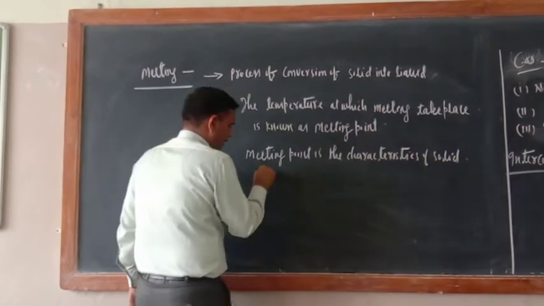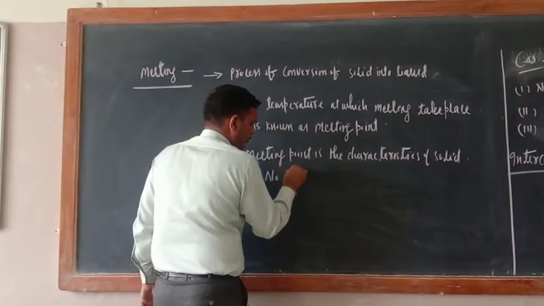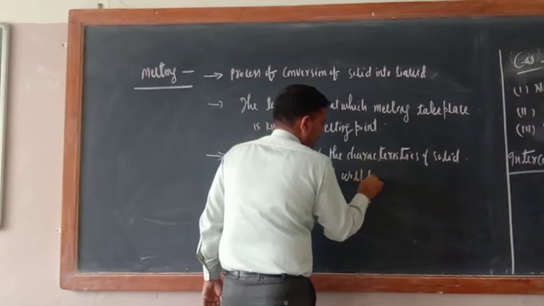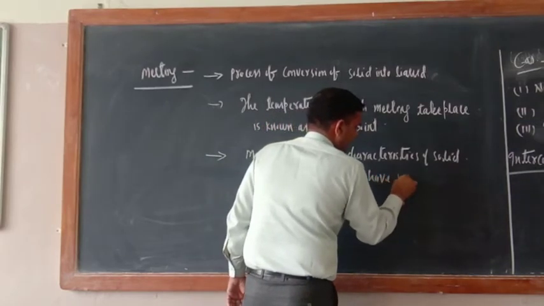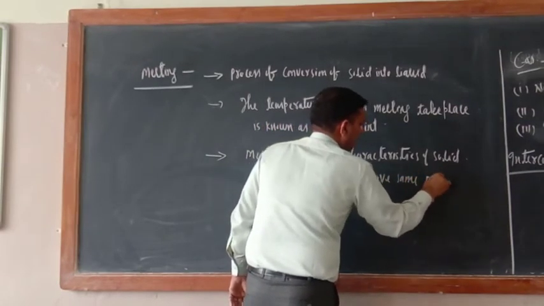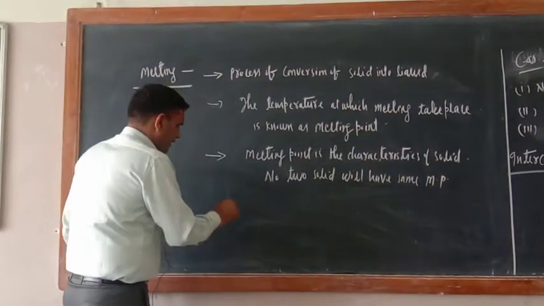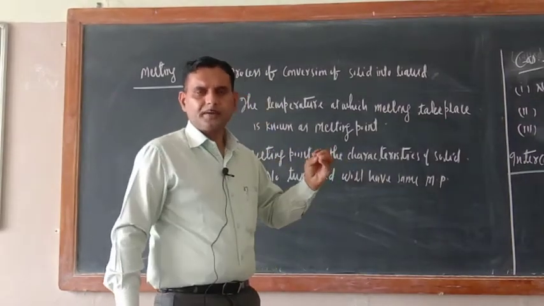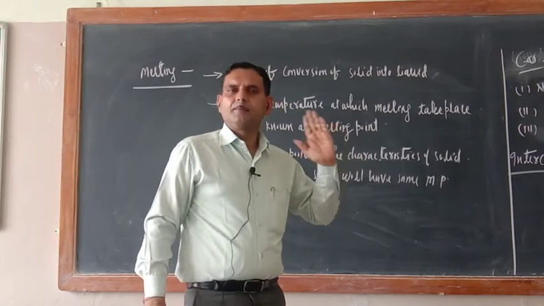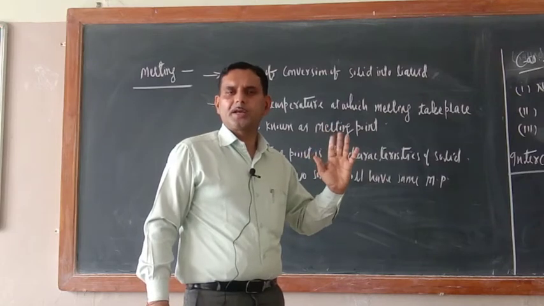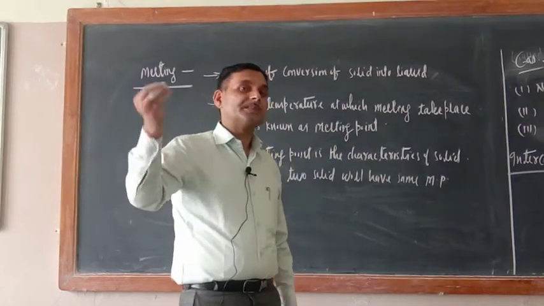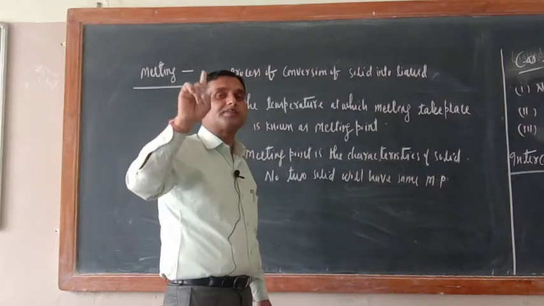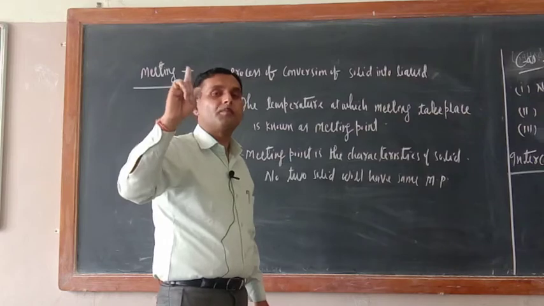No two solids will have the same melting point. There are some more aspects here. Always remember, for a pure substance, melting point will be sharp only. There should not be mixing of other substance. Means pure substance will have a sharp melting point.